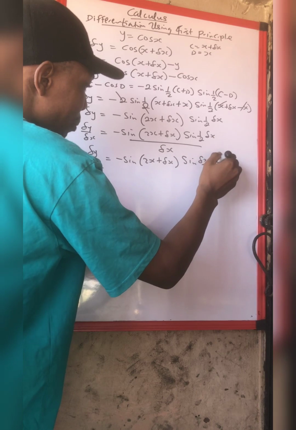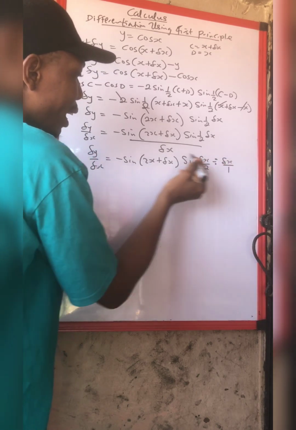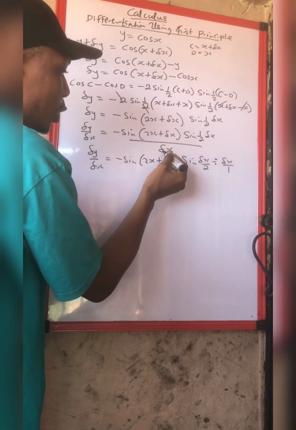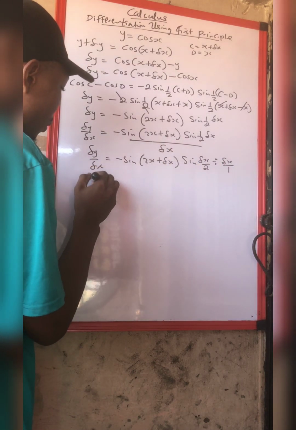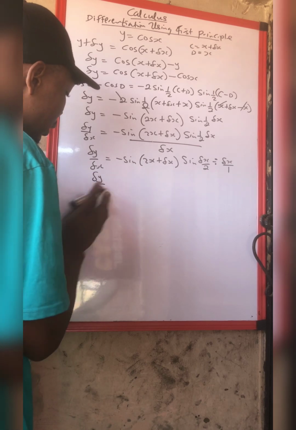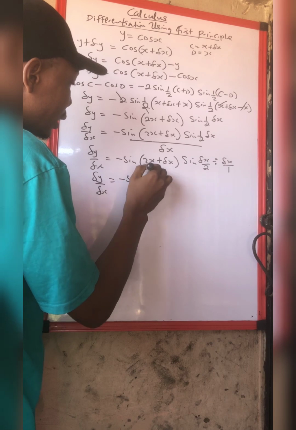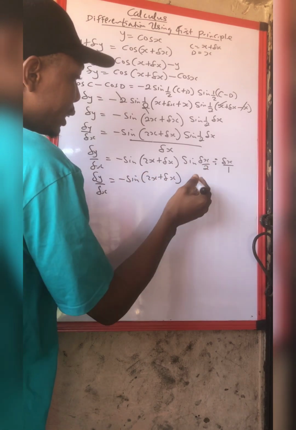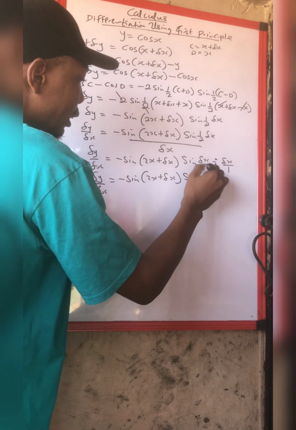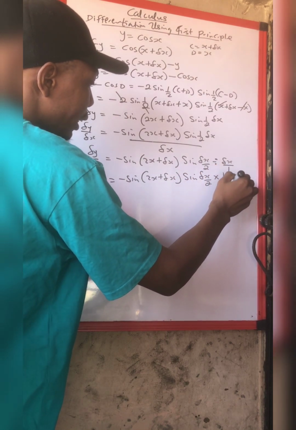Let me not jump: change in x over 1, divided by this, we still have change in x.